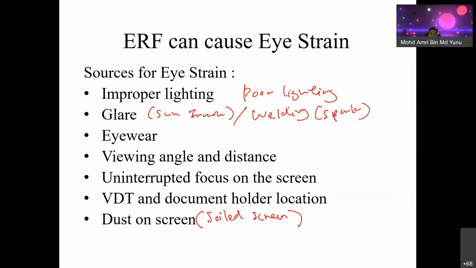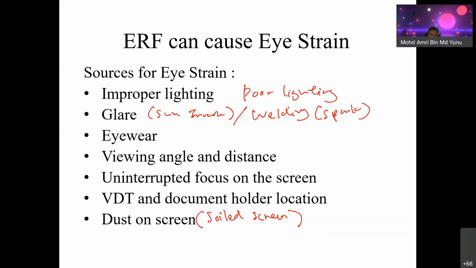Right, so another ergonomic risk factor can cause eye strain. The sources of eye strain include improper lighting. So you need to do your work under enough lighting, and also don't work under glaring sunlight.